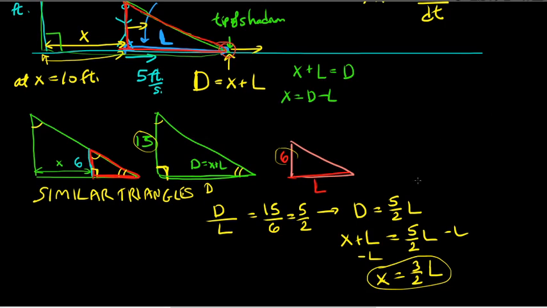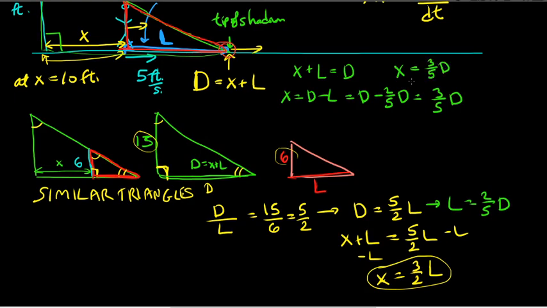So what is L? L is equal to 2 over 5 times D. Okay, so this is D minus 2 over 5 times D, which is 3 over 5 times D. We didn't need this, but I think this probably makes it the most convenient. So x is 3 over 5 times D.